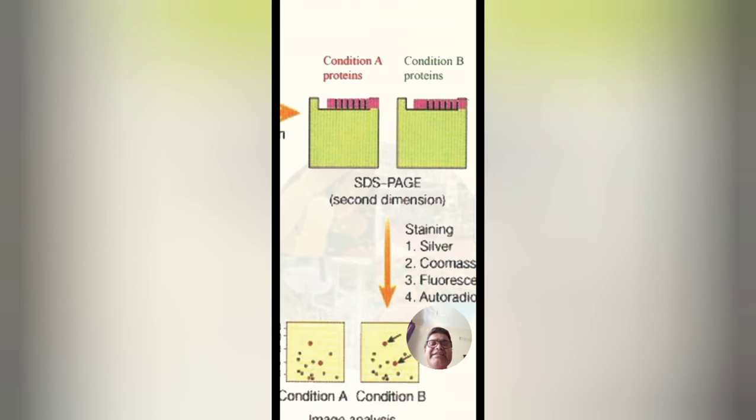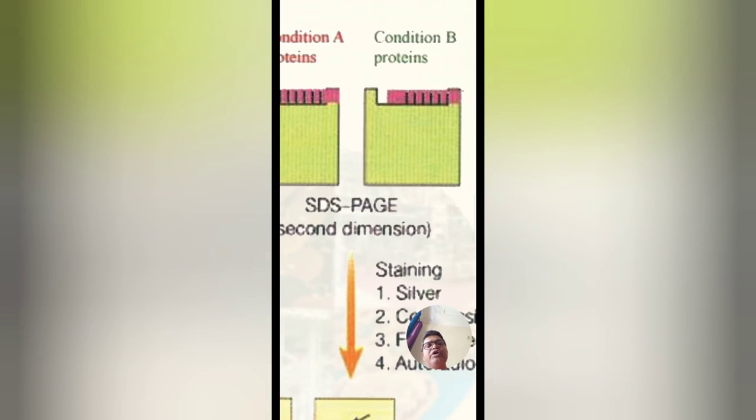So generally SDS provides a negative charge to all the proteins. That's why the protein will move from cathode to anode. From the top end it is cathode, and at the bottom end there is anode.